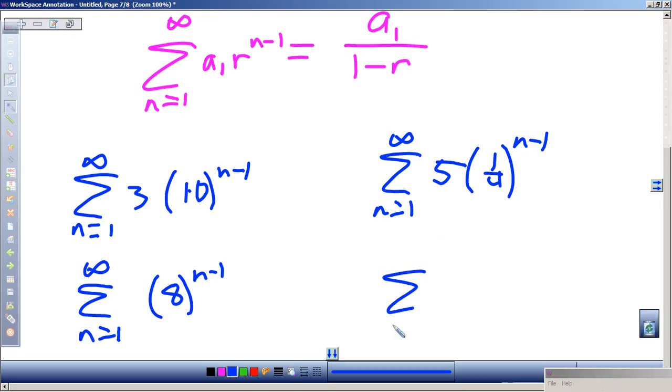And one more here: the sum from n equals 1 to infinity of 12 times, actually let's do 0.1 to the n minus 1. Three people for this one: Trudy, thank you for volunteering, and Grace. So do this last one, and use your formula.